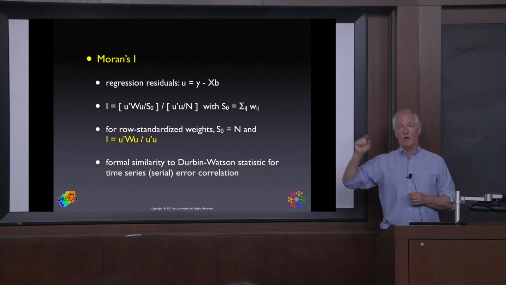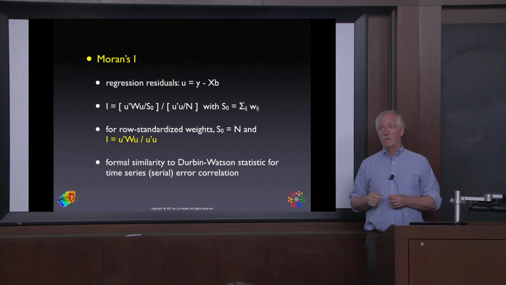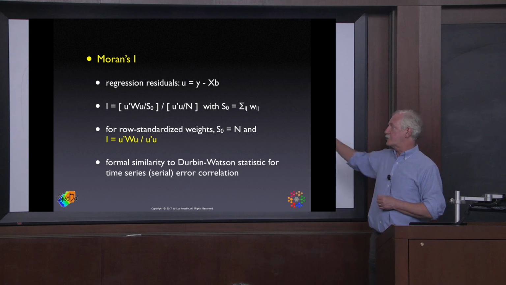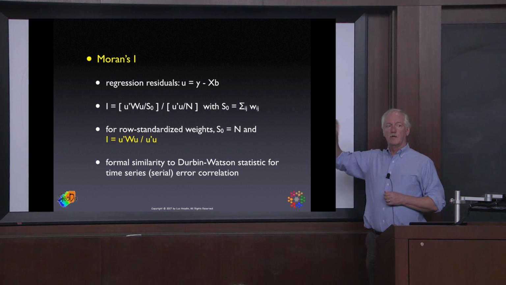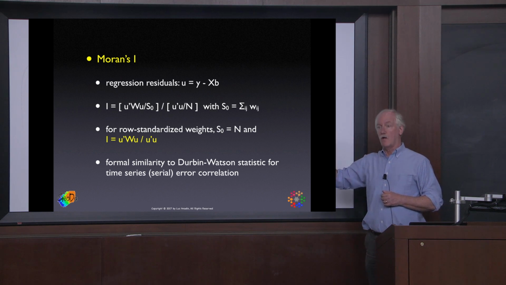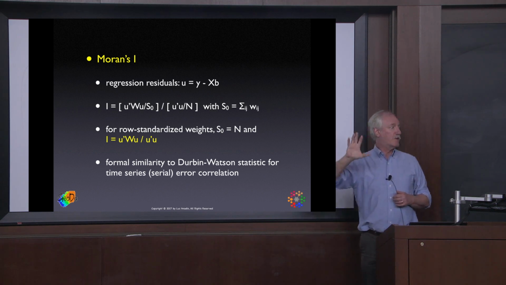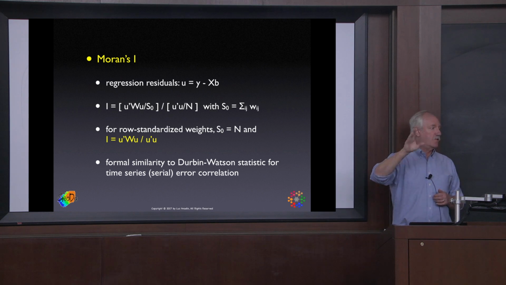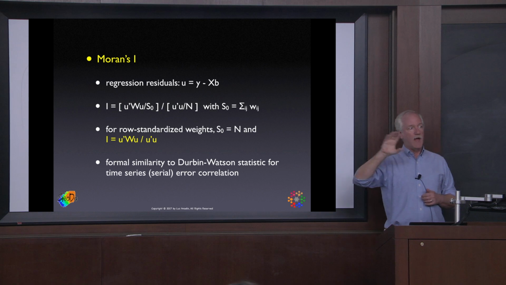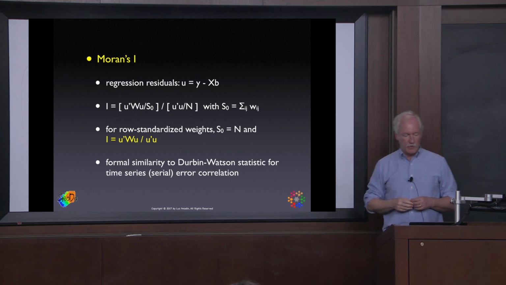So the sum of all the weights is n. So that's the sum of all these cross products divided basically by how many of them there are, because if the elements of the weights matrix are 0, there is no cross product. Only the cross products matter when there are actual neighbors.